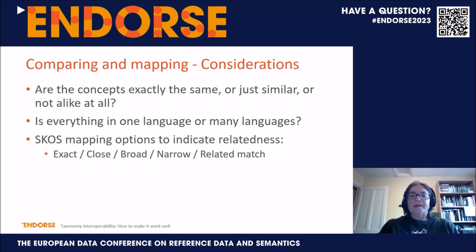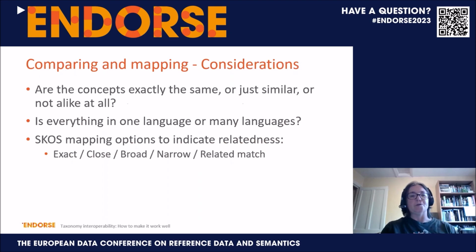I work only in English because we're British, but when I've worked on these multilingual taxonomies, I always need to draw on a fluent or native speaker to help, because something that looks okay to me could be massively incorrect. And what you don't want is an incorrect mapping that produces incorrect information for your end user, and that can cause embarrassment, or it could be damaging in some way. So you really need to think about that.